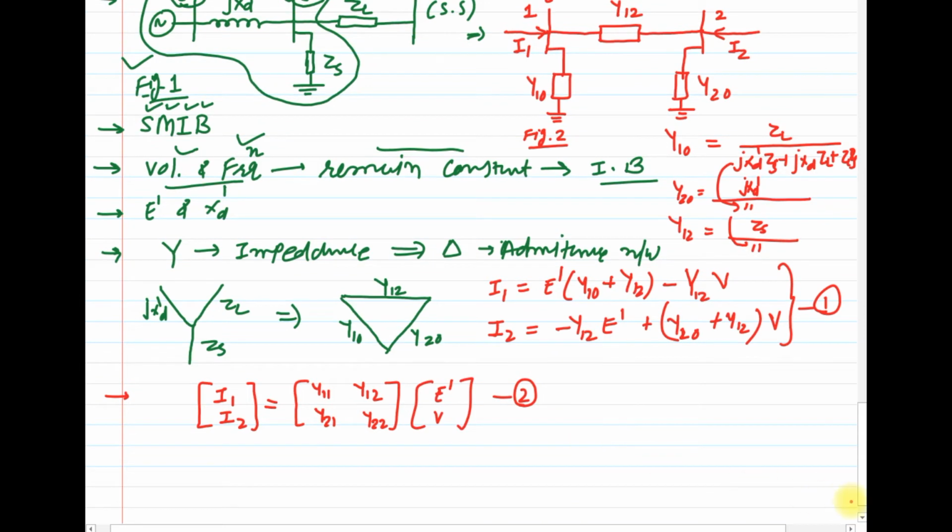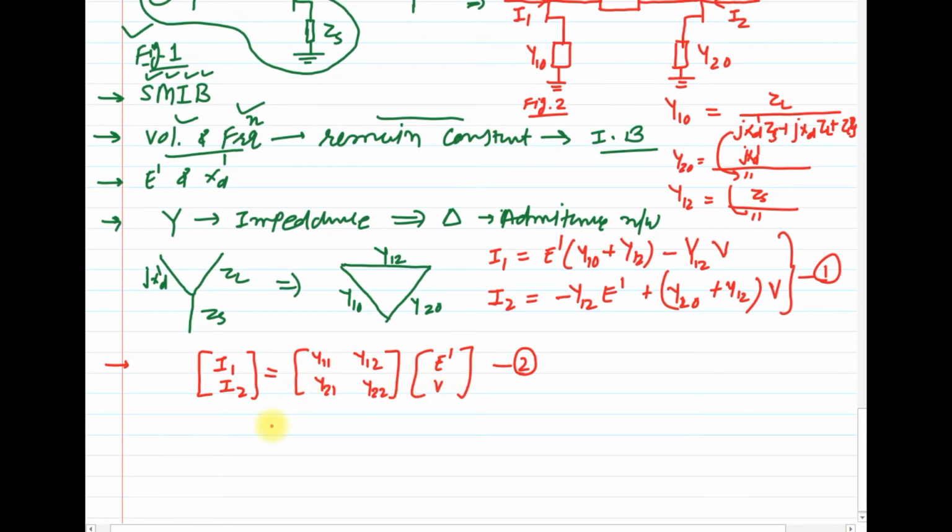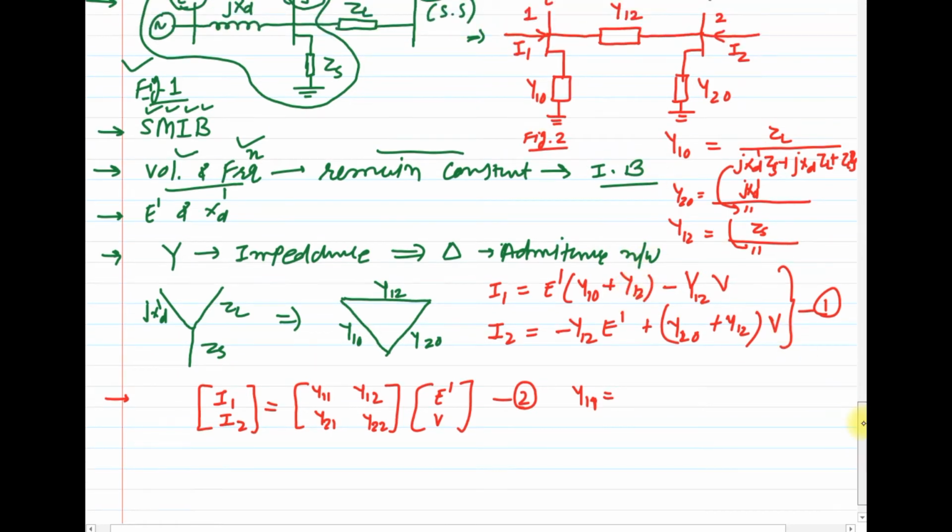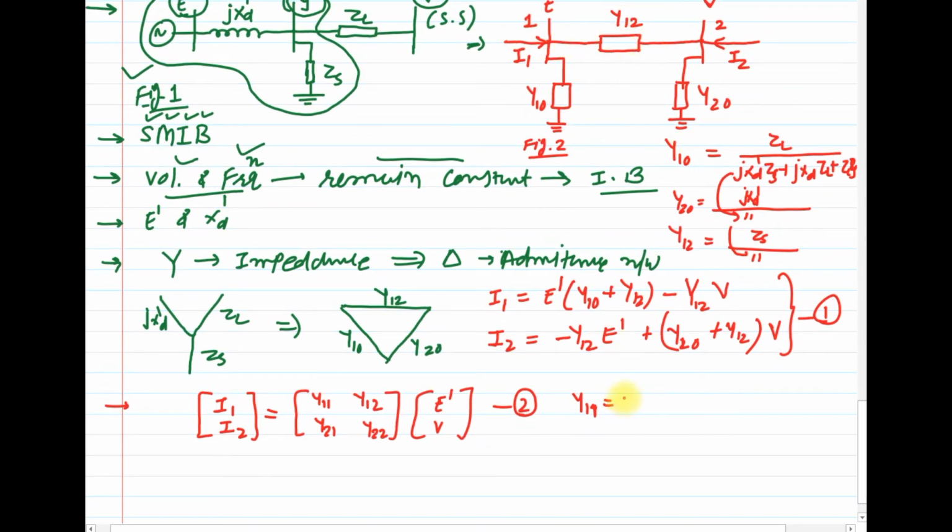So here in equation number 2, the elements of the admittance matrix, just recall the conclusion of the theory which we have derived in power flow analysis: the diagonal element Y11 is equal to the summation of series plus shunt elements. Here the shunt element is Y10 and the series element is the transfer admittance Y12. So I can write Y10 plus Y12. Clear? The first element.